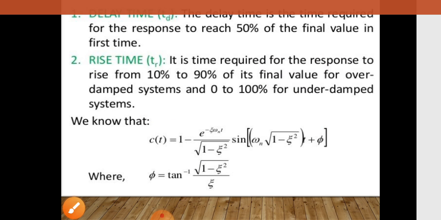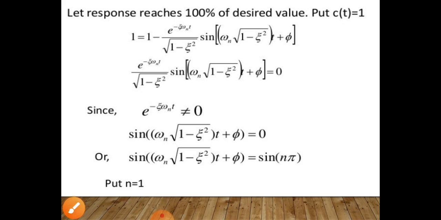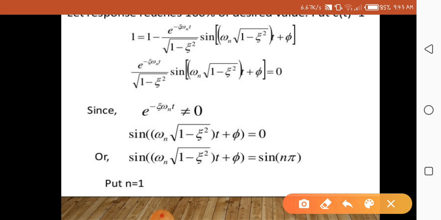Next, let the response reach 100% of the desired value. So put the value of c(t) equal to 1. So 1 = 1 - e^(-ζωn t) / √(1 - ζ²) × sin(ωn√(1 - ζ²) t + φ).